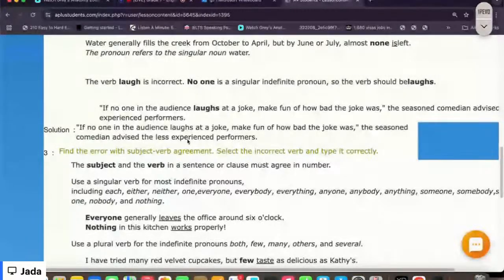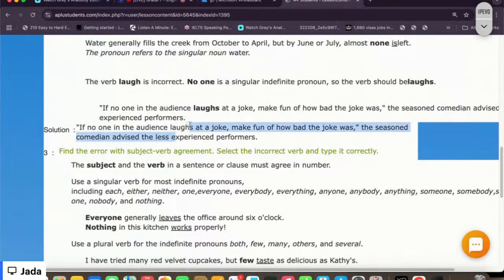If no one in the audience laughs at a joke, make fun of how bad the joke was, the seasoned comedian advised the less experienced performer. So if no one in the audience laughs at a joke, so laugh, okay, at a joke.